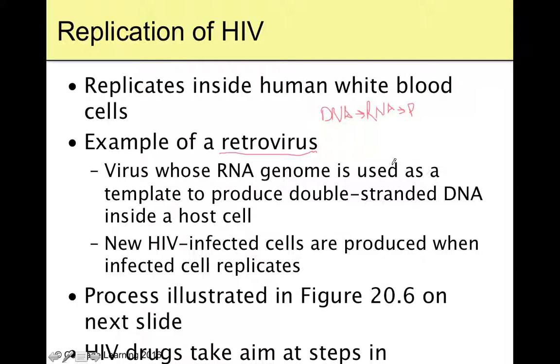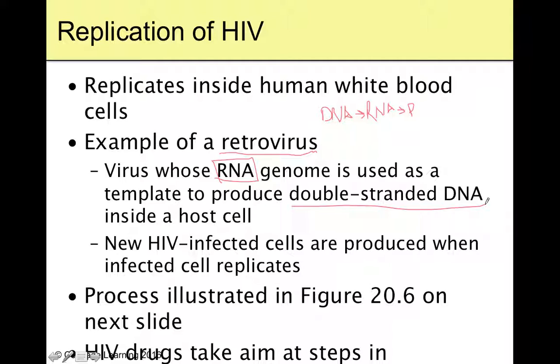And HIV does something really amazing. Truly, truly amazing. The HIV virus does not have DNA. It has RNA. And its RNA genome is used as a template, and it uses an enzyme called reverse transcriptase because it does transcription in reverse, and it will make from RNA a double-stranded DNA copy, and then the DNA gets into the cell's genome, and now that cell's infected forever.